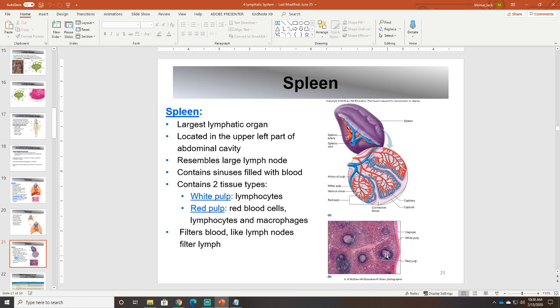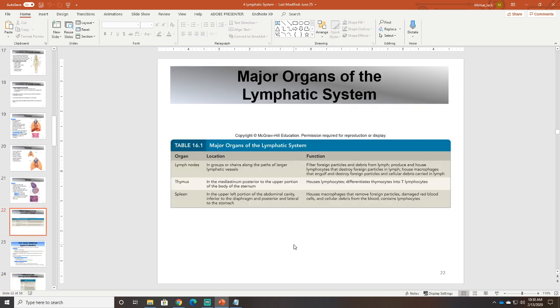But anyway, on the slide, the white pulp is kind of pinkish, and then the red pulp out here is going to be made up of, yes, also lymphocytes, but red blood cells and macrophages as well. All right. So the spleen filters blood just like the lymph nodes filter lymph. All right, and good.